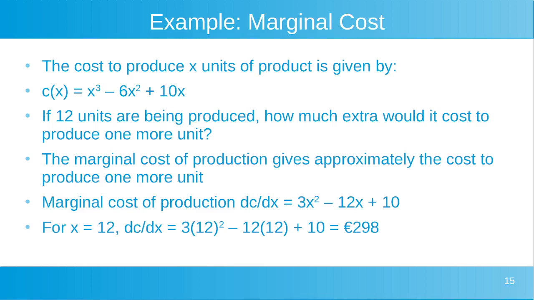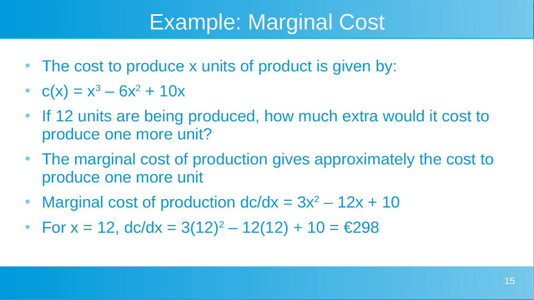From our function C of x equals x cubed minus 6x squared plus 10x, our derivative dC/dx is equal to 3x squared minus 12x plus 10 when we apply our differentiation rules. So now we have an expression for the marginal cost of production for a given value of x.